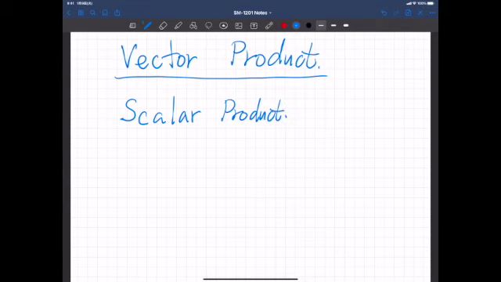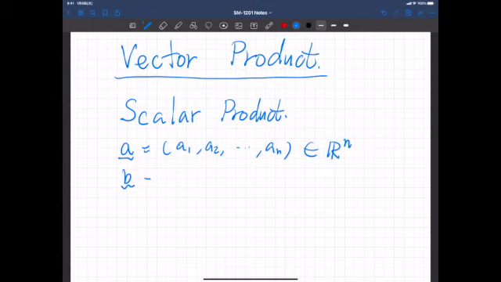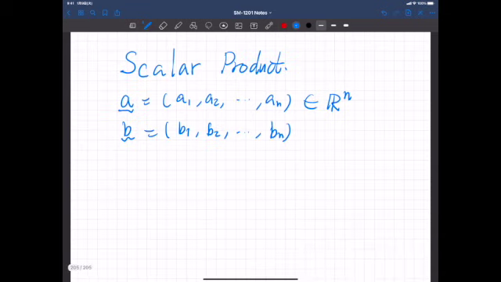So that was, let's say, if A is an n-dimensional vector made of A1, A2, up to An, and B is also an n-dimensional vector, B1, B2, up to Bn. Then their scalar product.